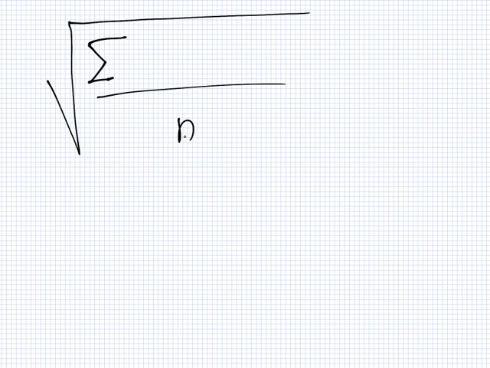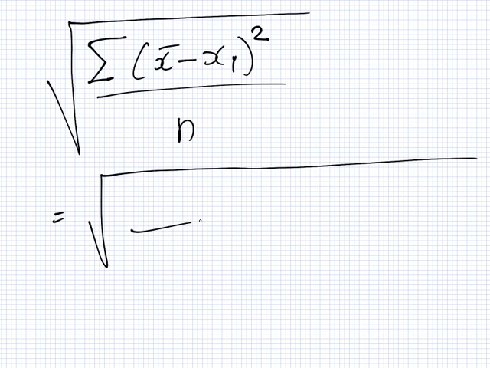So the formula is this rather ugly looking thing. Sum, with a big square root all over n, the average minus the data, squared. Okay, let's test it out. Big square root all over, what was it, 5, wasn't it?